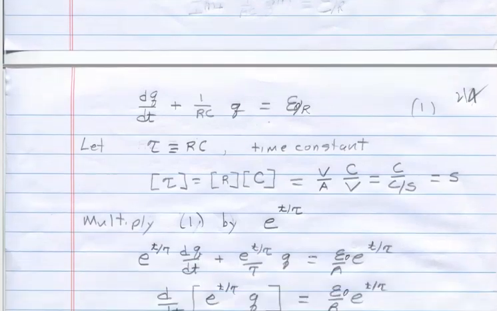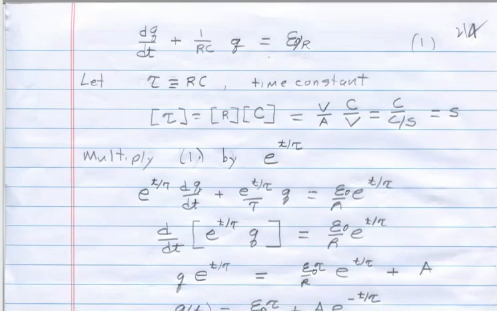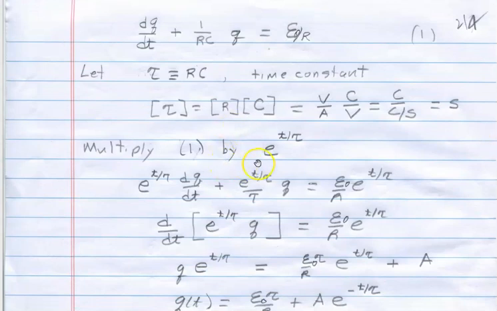Well, let's solve equation 1, and I'll do it by a standard trick called introducing an integrating factor. The way people found these things originally was just by looking at this equation long enough and recognizing that if I multiply this whole equation 1 through by e to the t over tau, it becomes this.